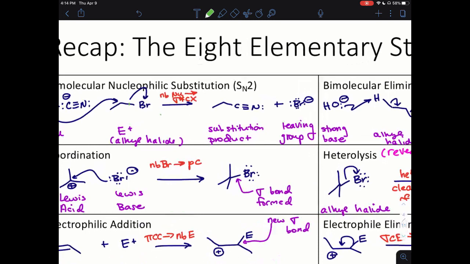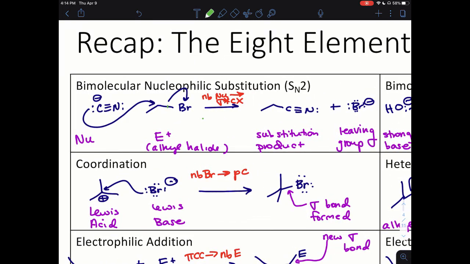I'm thinking about the bimolecular nucleophilic substitution. We have some nucleophile, an electron-rich species, using its electrons, so its non-bonding pair of electrons, to attack sigma star CX, or in this case, X is bromine. It doesn't have to be. And when you fill that sigma star bond, you break the bond.